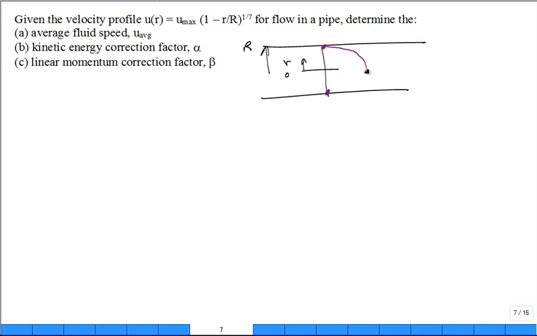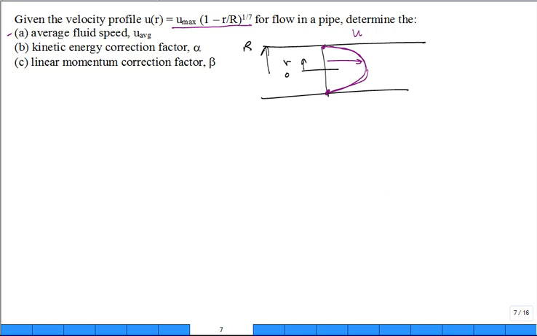And it would be maximum in the middle and go steep at the edges. That's what this equation right here gives us. U as a function of r is the maximum times 1 minus lowercase r over cap R to the 1/7 power. Now for this velocity profile, do 3 integrations. Get the average speed U average.